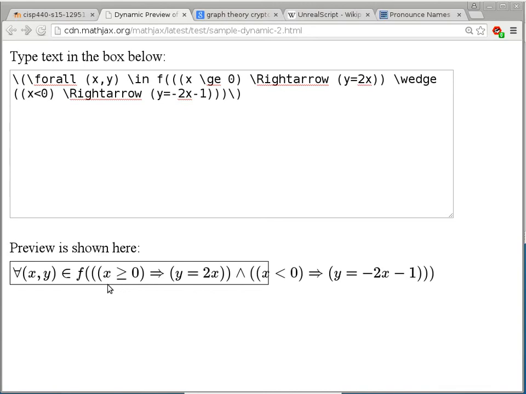In my country, we call it belongs to. You can call it belongs to, or an element of. That's how I remember it.